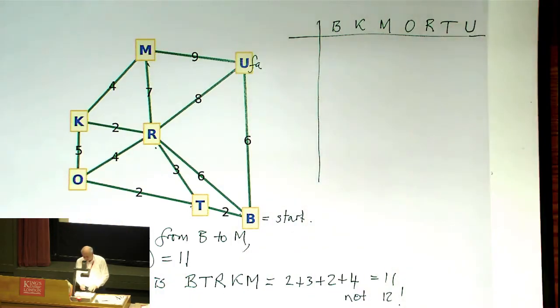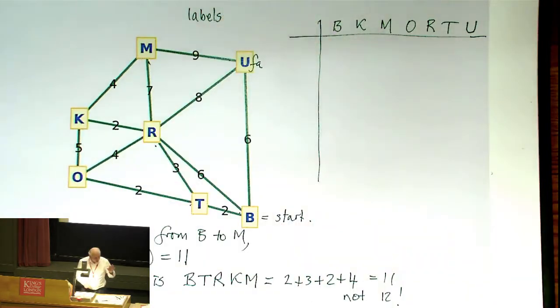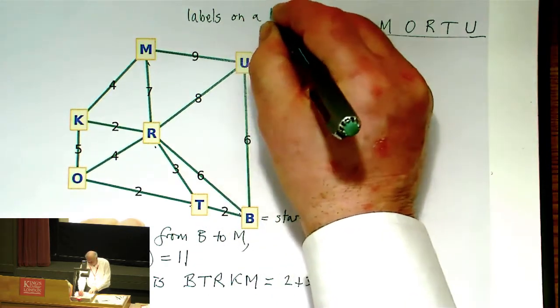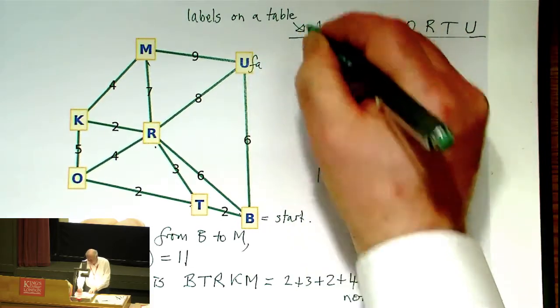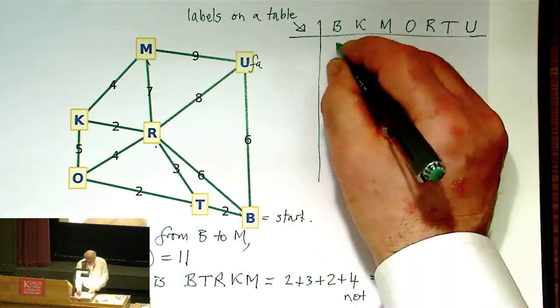What I'm going to do here is put the labels on a table rather than on the graph. The graph's messy enough. The labels are more complicated now because I have weights and they don't grow quite so easily. So Baku, B, is 0 because we're starting there.